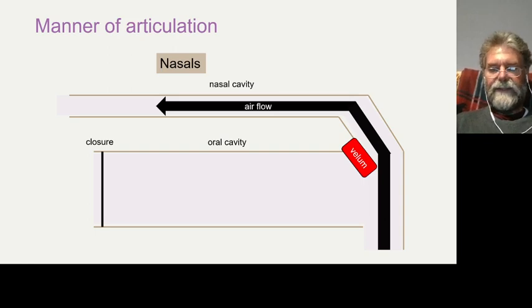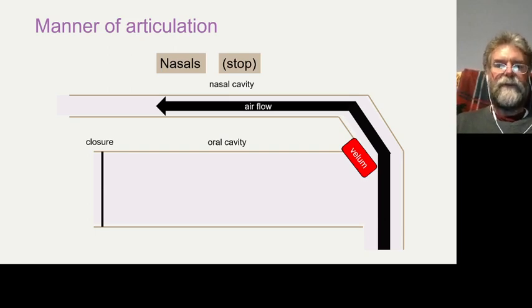Okay, now because this, like plosives, involves a closure of the oral cavity, nasals are also considered to be stop consonants. So there are two types of stops. There are oral stops, basically plosives, and nasal stops, which are not plosives because they allow the air to flow, but not through the mouth. The air flows through your nose, basically, with a nasal stop.